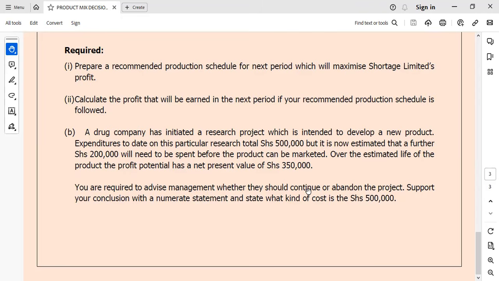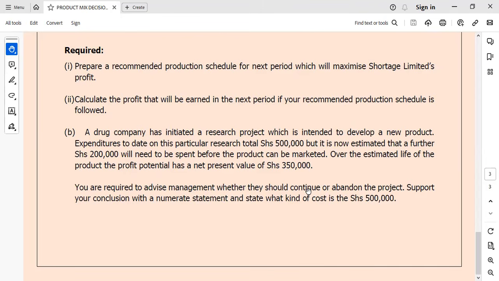Over the estimated life of the product, the profit potential has a net present value of shillings 350,000. You are required to advise management whether they should continue or abandon the project. Support your conclusion with a numeric statement and state what kind of cost the shillings 500,000 is.